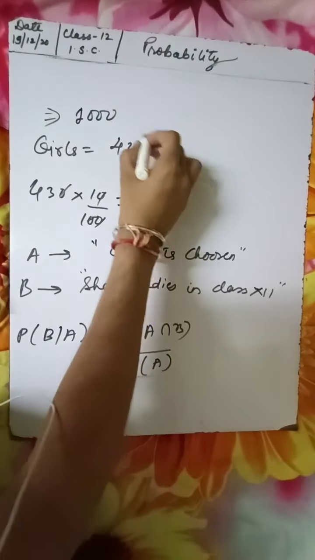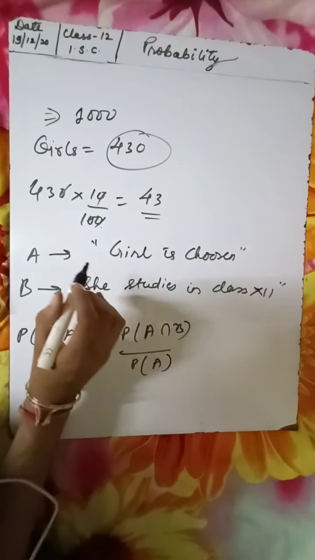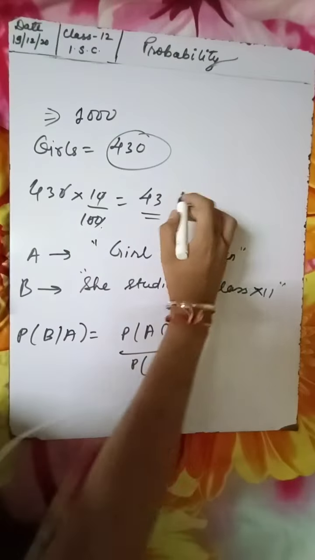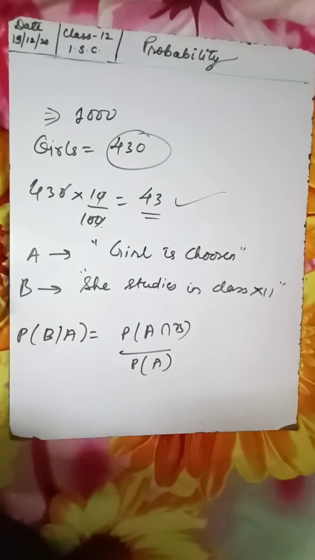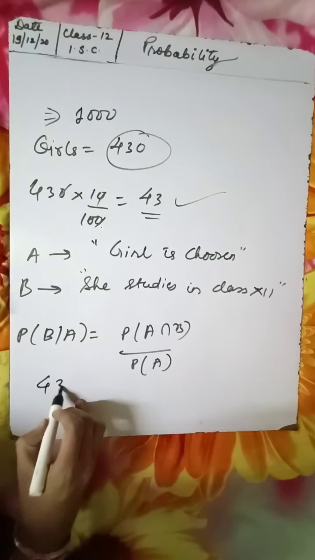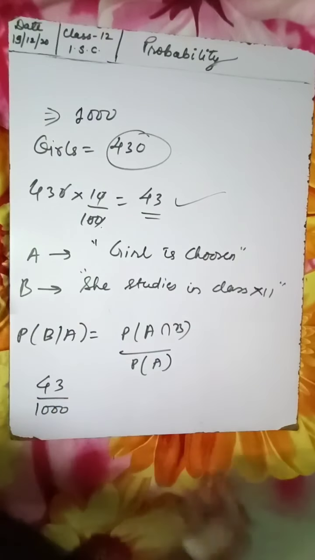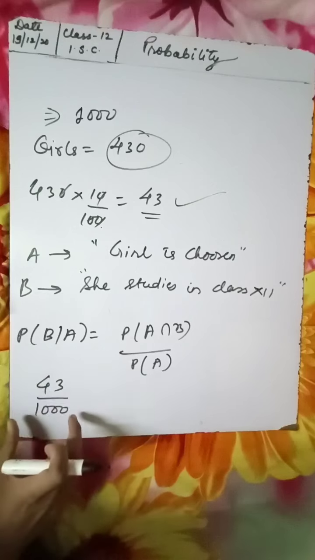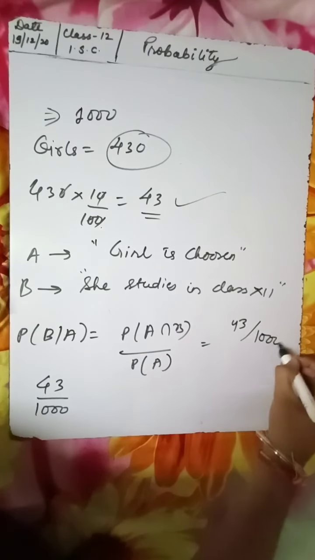From this 430, 10% are studying in the 12th class, so 43 girls. So probability of A intersection B will be 43 upon 1000, because girls in class 12th, 43 out of total 1000.